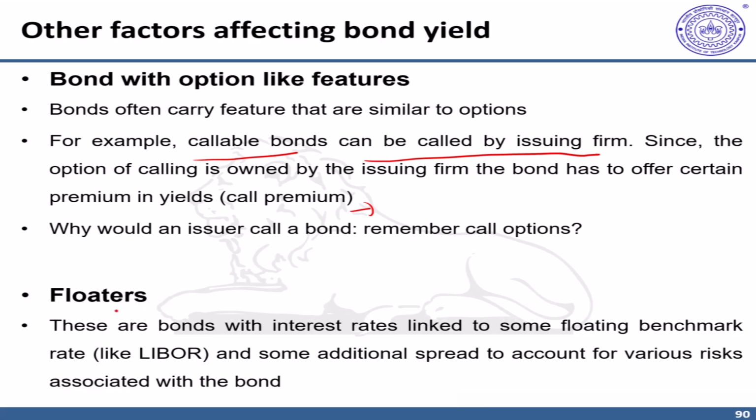Next, you have floaters. Floaters are bonds with interest rates linked to some kind of floating benchmark, plus some additional spread to account for various risks. Now, please note such a floater bond may put the subscriber at interest rate risk and give some benefit to the issuing firm. For example, if interest rates fall, this gives the firm the benefit of falling interest rates.